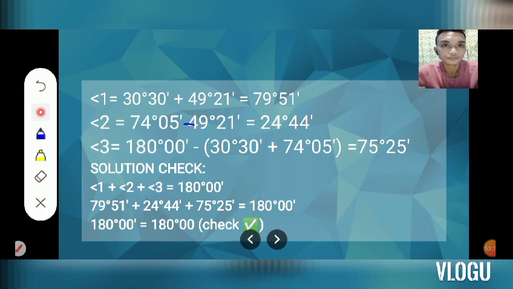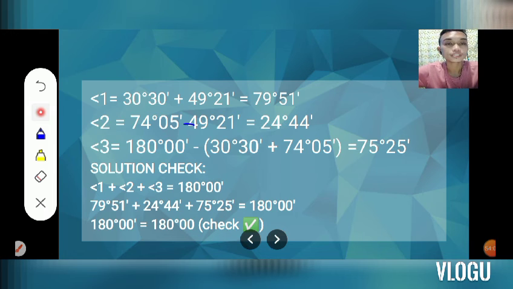Next, angle number 3 is equal to 180 degrees 00 minutes minus the quantity of 30 degrees 30 minutes plus 74 degrees 05 minutes, so we have 75 degrees 25 minutes.